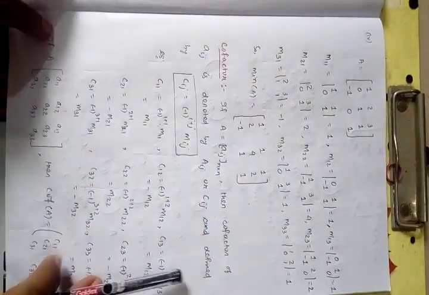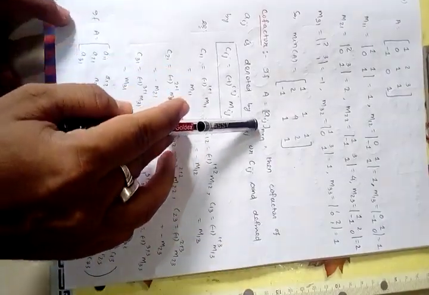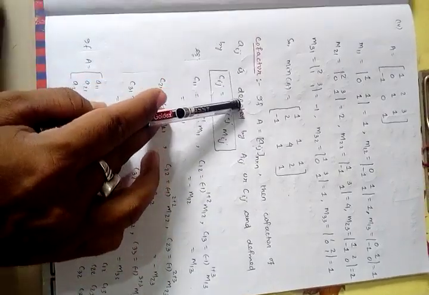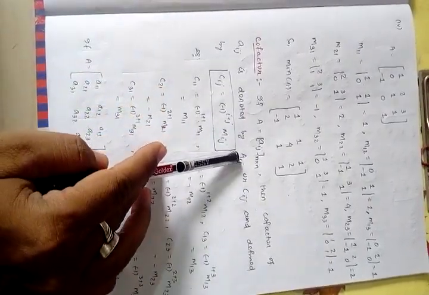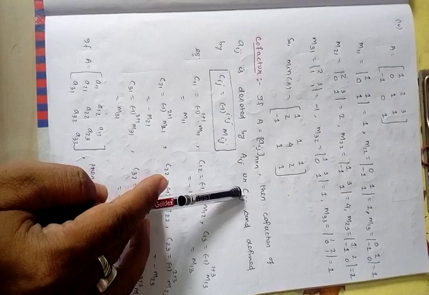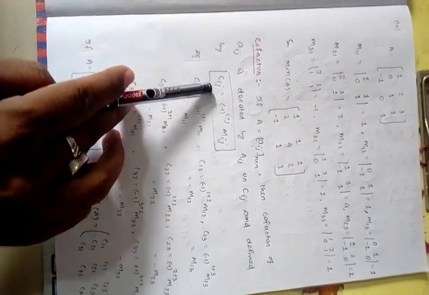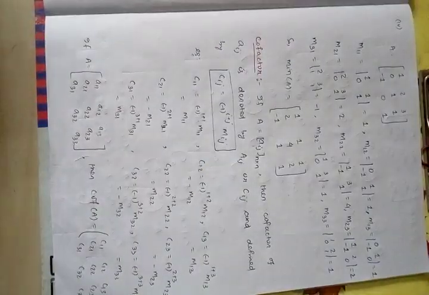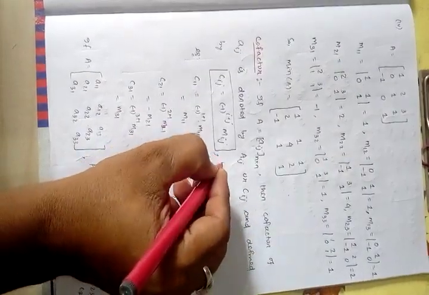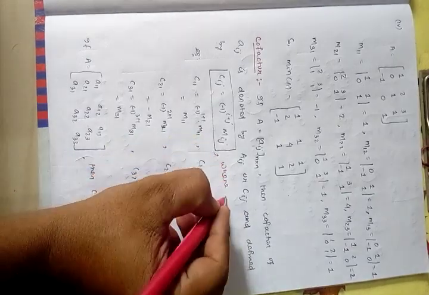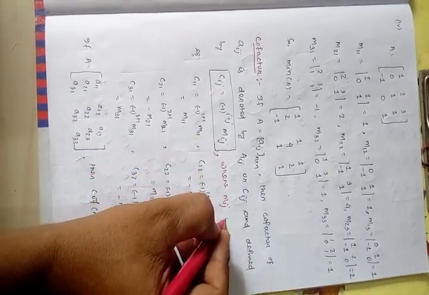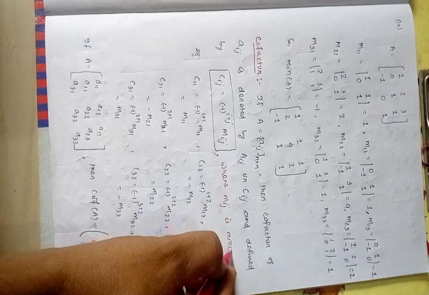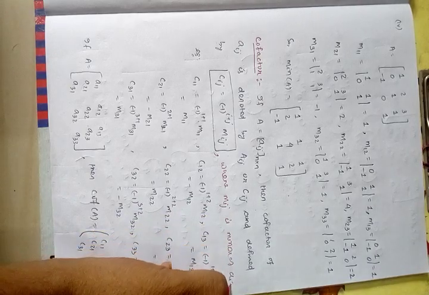Now the cofactor. If A is a square matrix of order n, then the cofactor of Aij is denoted by either capital Aij or Cij and defined by Cij equal to minus 1 to the power i plus j into Mij, where Mij is the minor of Aij.